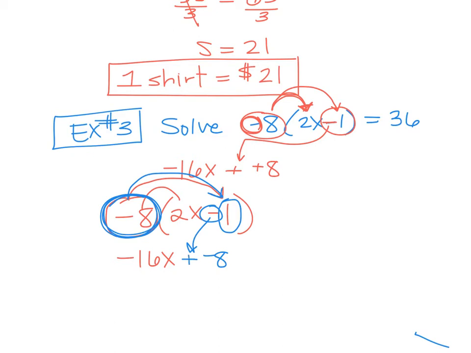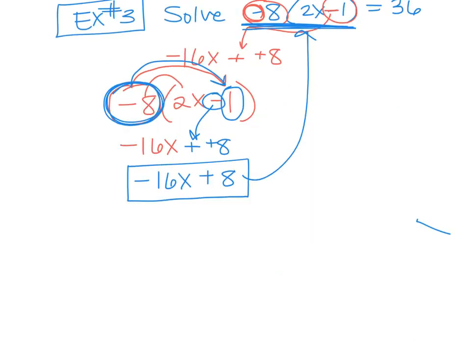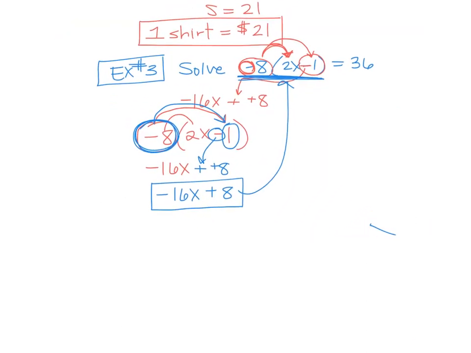So minus a negative becomes plus a positive, and you get -16x plus 8. Okay, so back to this. We are at a point now. That is this portion of it. So we have to set that equal to 36.